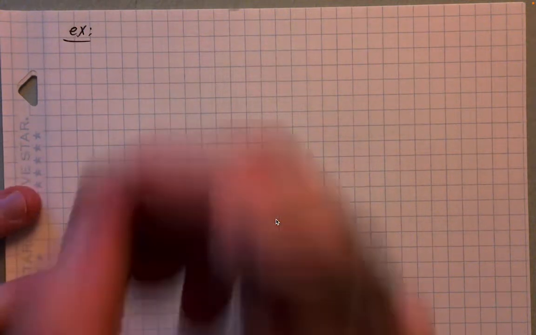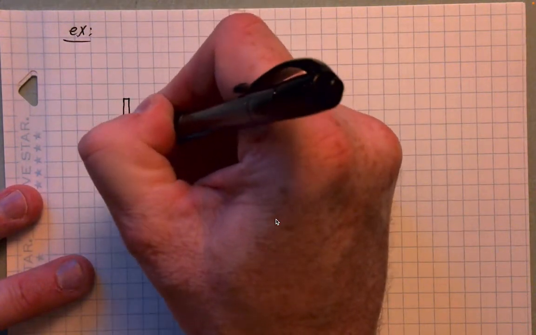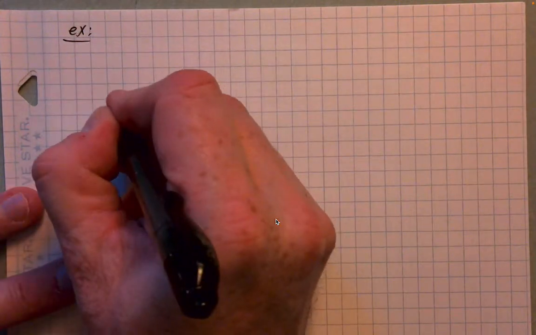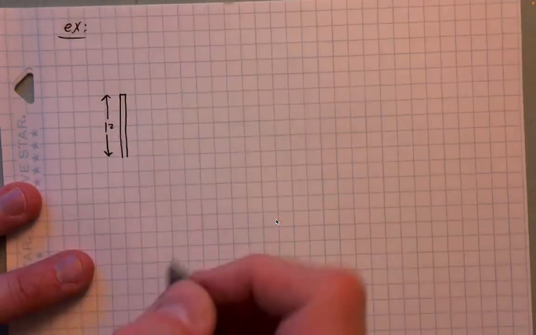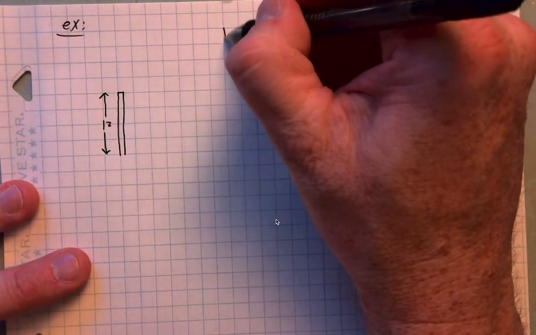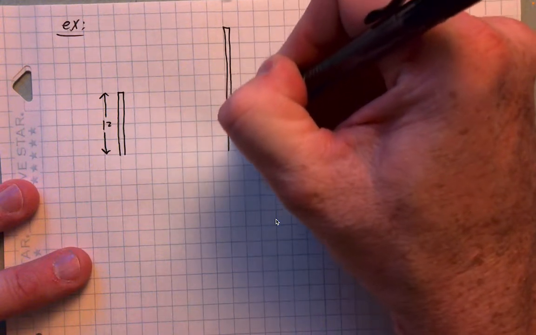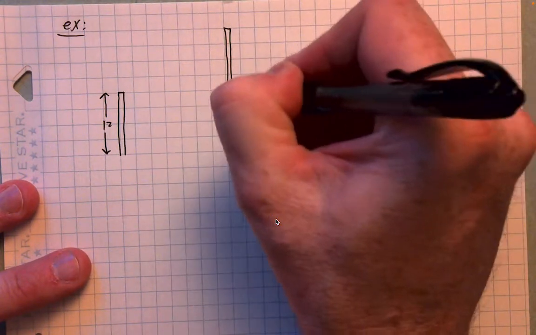So in this case, I'm going to just draw the picture and describe what's going on here. So we've got two posts in the ground. One of them is 12 feet. And then the other one is some distance off, and it's taller at 28 feet.